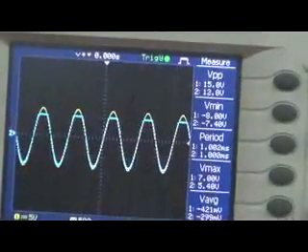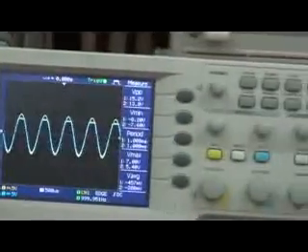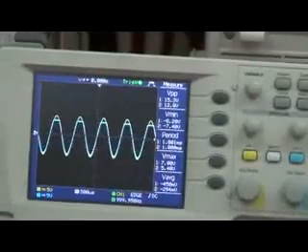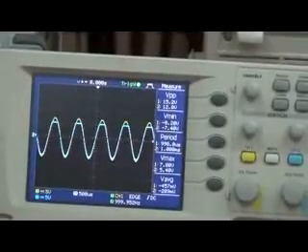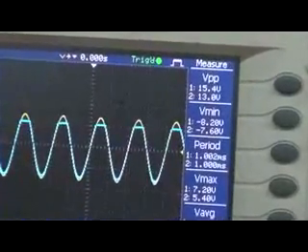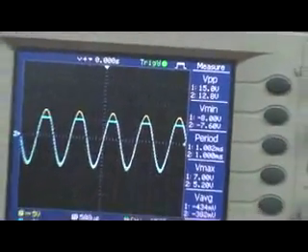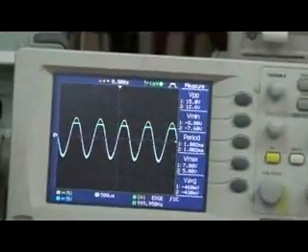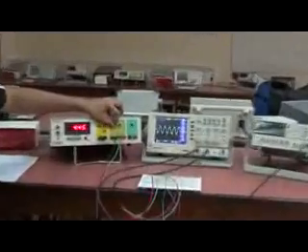We can vary this clipping through the power supply. Currently we are giving a 5 volt plus minus 1 volt to the circuit. So if we vary this, we can see the change in the waveform as we vary the voltage VB.